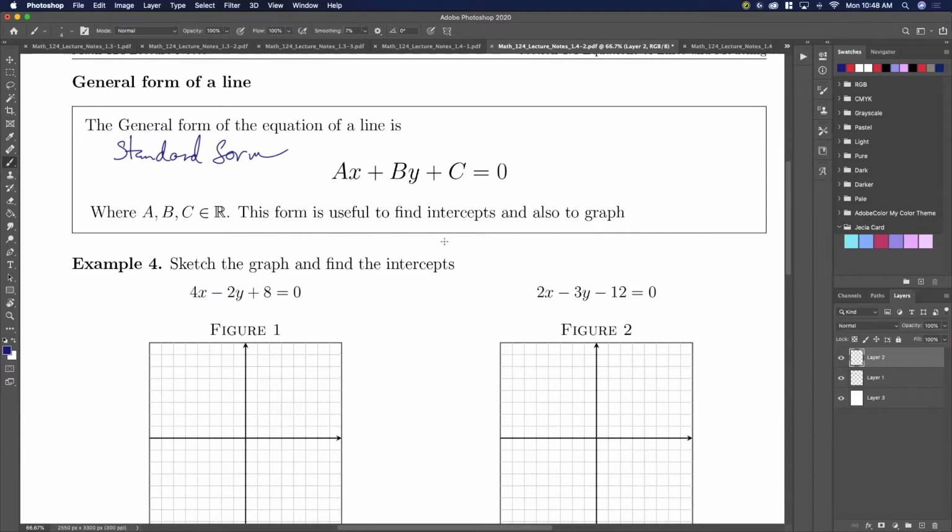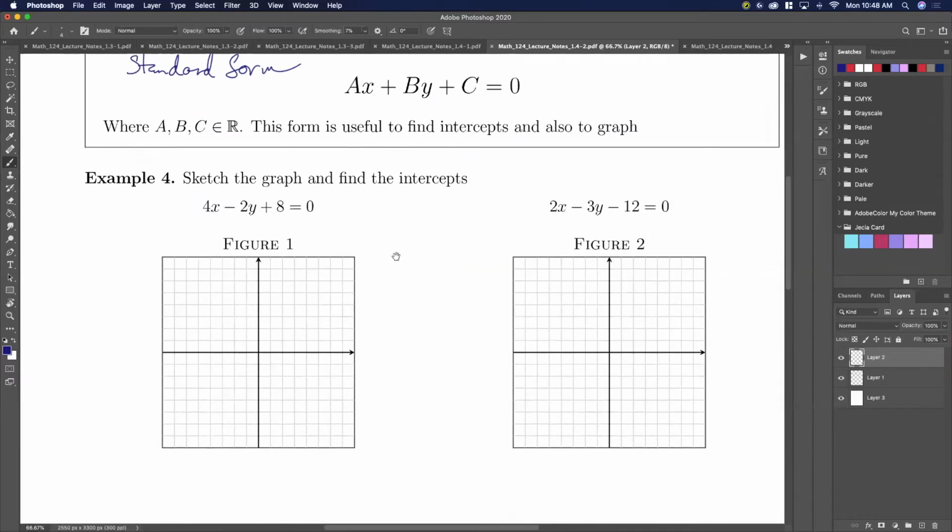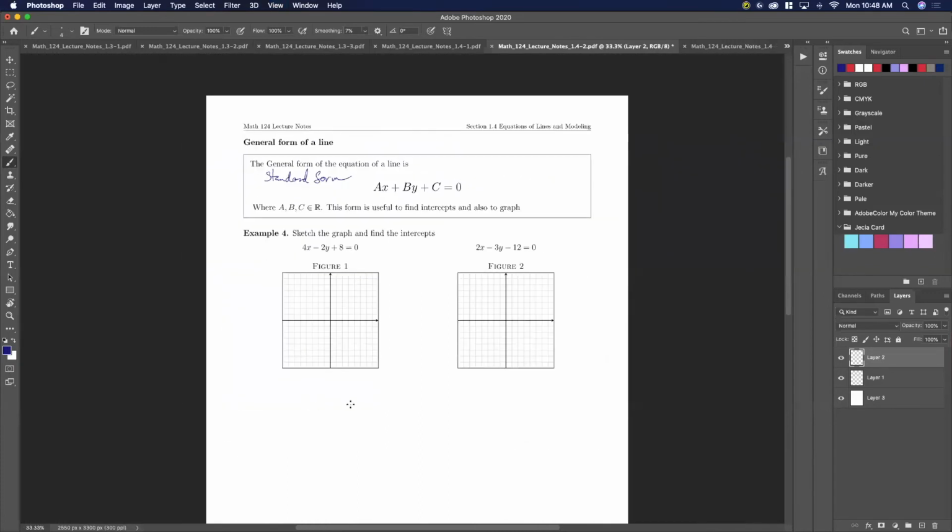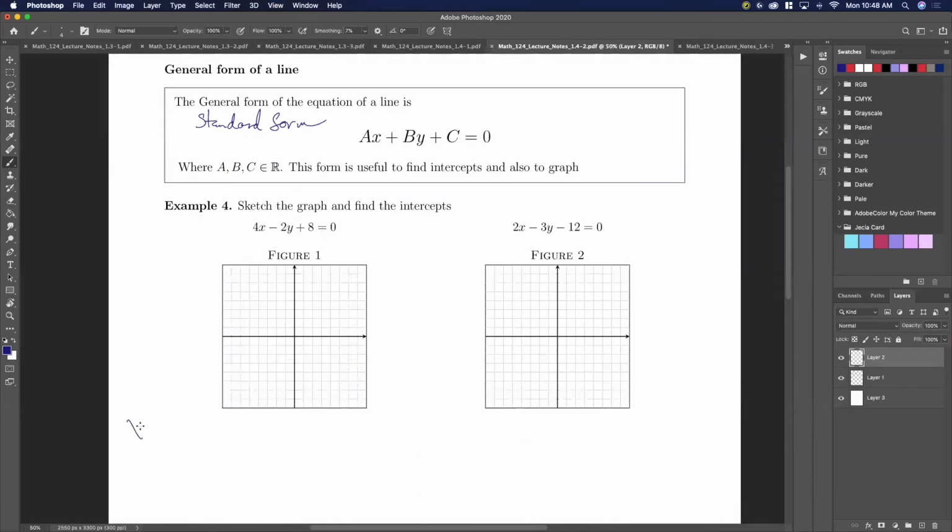Let me explain why. If I want to sketch the graph of these and find the intercepts, remember what it means to find the intercept. The x-intercept is where y equals 0. Well, if y equals 0, here I have 4x minus 2 times 0 plus 8 equals 0.